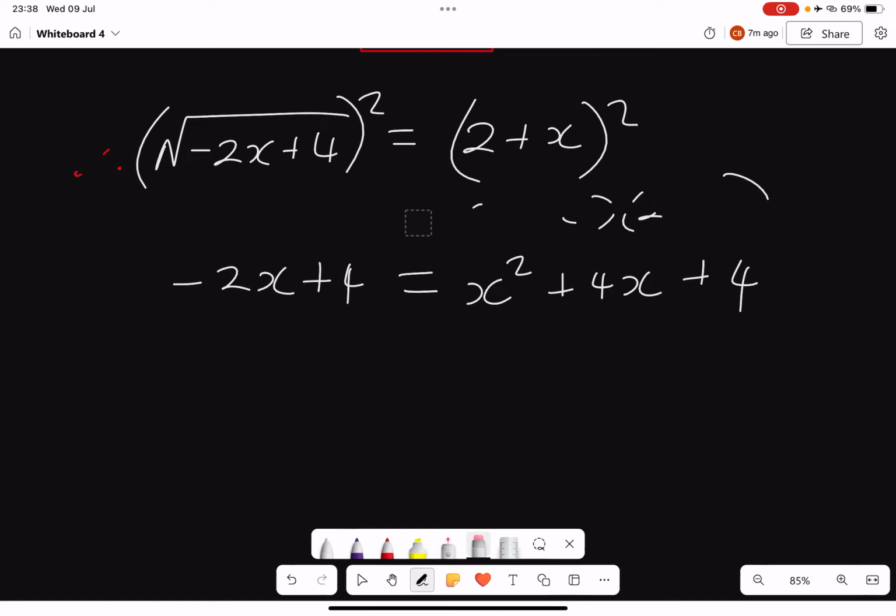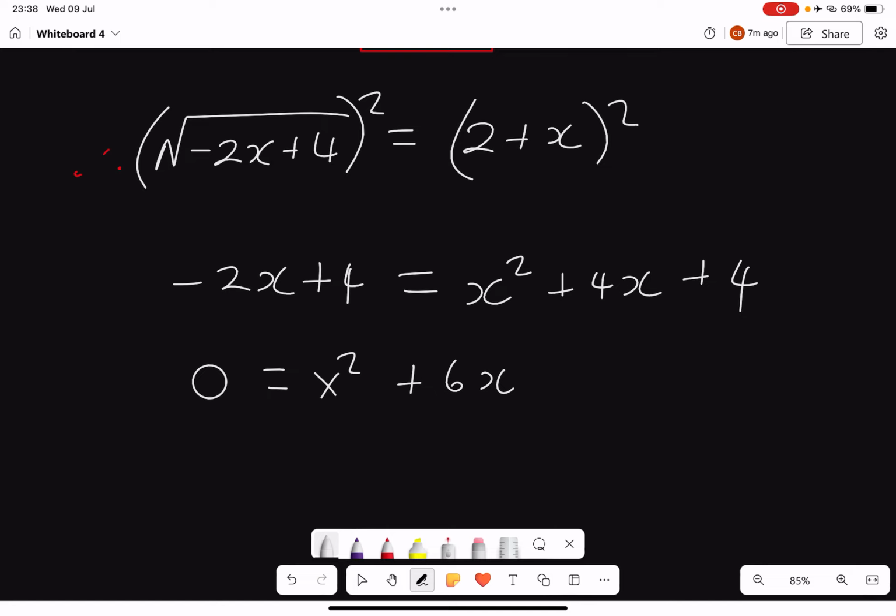You need to be quick with expanding. This is a grade 9 topic. If you are not good with that, please go and do revision. Then we bring all terms to one side, so we have 0 equals x squared plus 6x.